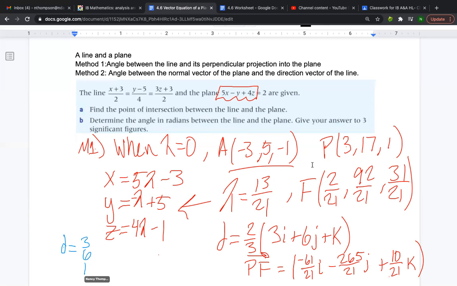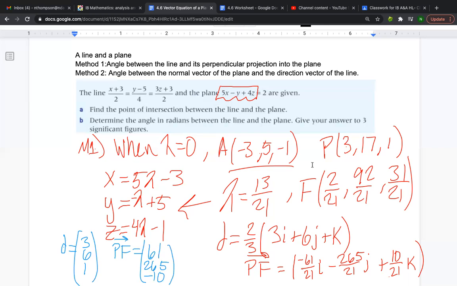And my PF vector would be 61, 265, -10. From here, I now just get to use that cosine formula.